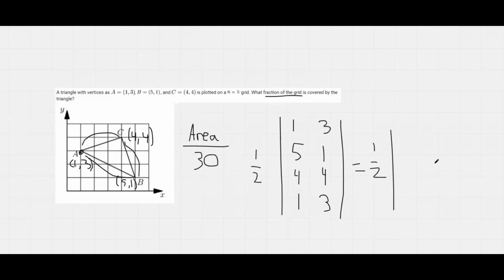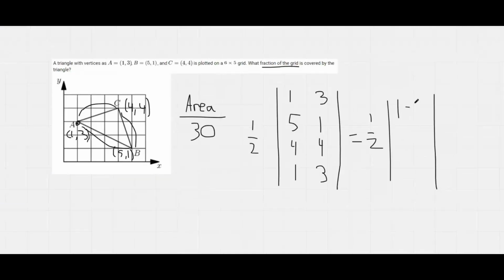So let's start multiplying all of this out. So when we multiply 1 and 1, we just get 1, and then we subtract 3 and 5. So we have a -15 here. Doing the same thing with this second row, we end up getting 5 times 4 minus 1 times 4. Next, we can multiply 4 and 3 and subtract it by 4 times 1.